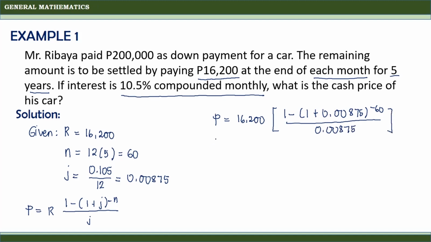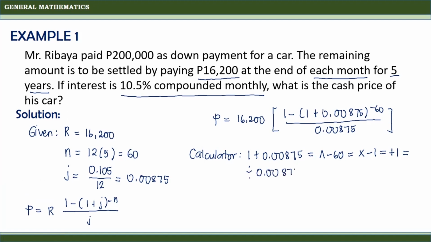To find the value of P using our calculators, we need to input the following: 1 plus 0.00875, then equal sign, raised to negative 60, then equal sign, times negative 1, then equal sign, plus 1, equal sign, then divided by 0.00875, equal sign, then times 16,200, then equal sign.